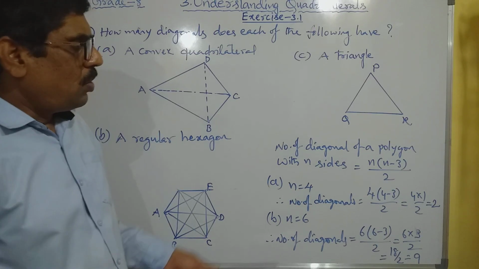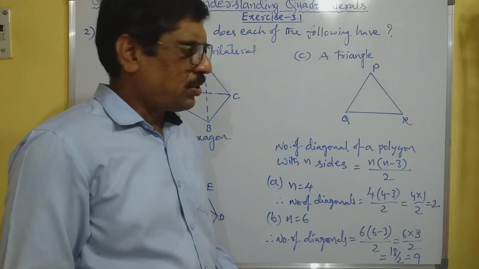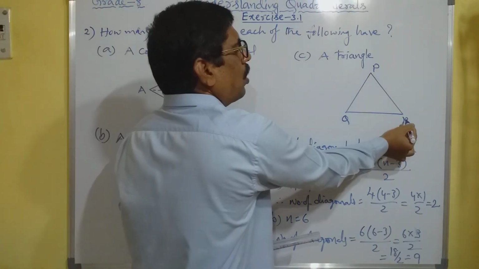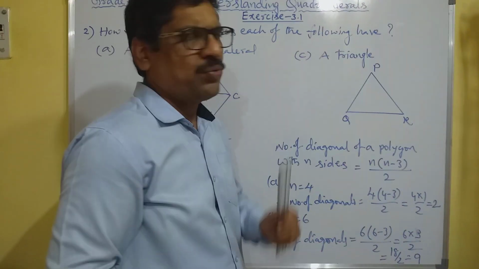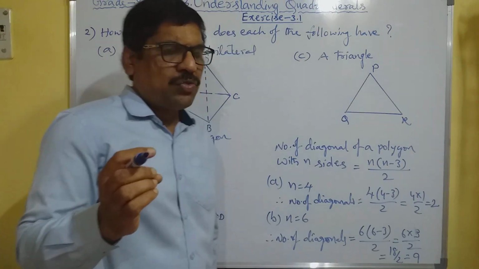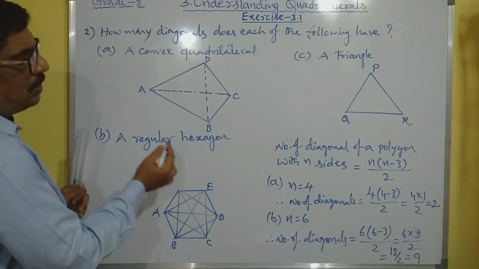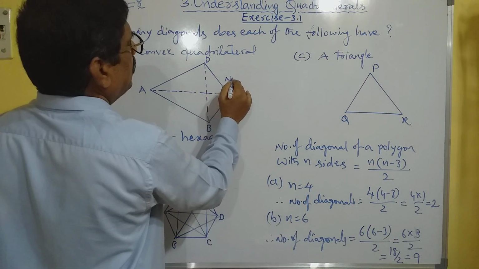Now, how many diagonals can we draw for this? Is it possible to draw anything? If you join P and Q, already joined, P and R already joined, R and Q also, there is no chance to draw any diagonals for this. So the number of diagonals present in a triangle is 0. Here we will write the answers just beside it.